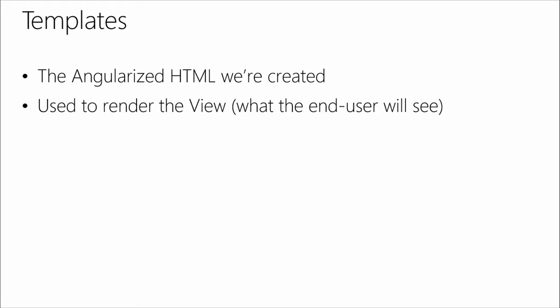And templates are going to be the angularized HTML that we're going to create. So what does angularized mean? I'm not sure that that's a real term. That's basically just what I put in. It's any HTML code that you're going to use along with Angular. So we're going to just call those templates, because as we saw before, what you see in your browser is going to be different.